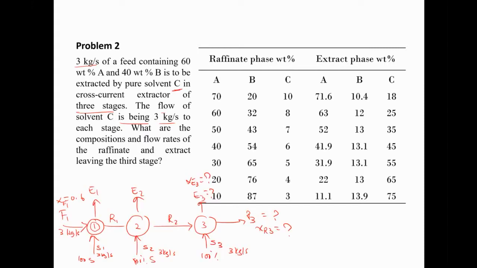So as you see here, we have to treat each one as a single stage, and we have to repeat the calculations based on the same equilibrium data. But each time we have a different feed. So we have XR1 here, XR2 here. So now we start with the first stage. We solve it.